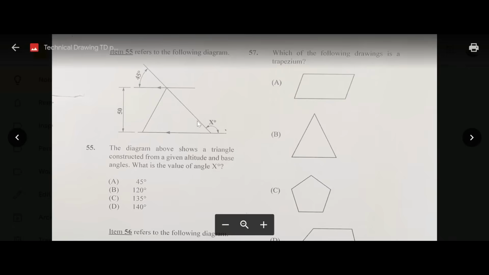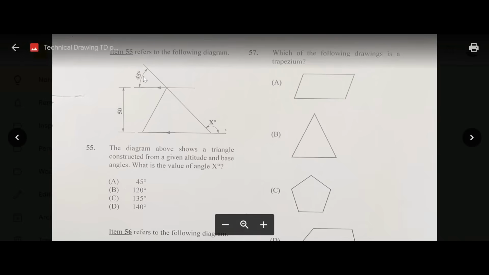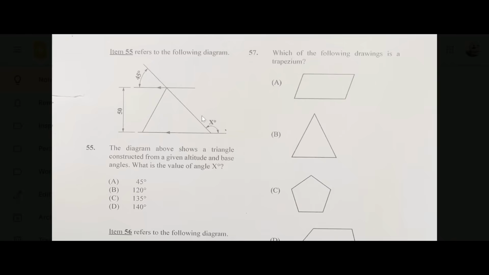So that means that this angle here is 45 degrees, just as it is up here. This entire angle is 180 degrees. So if this angle is 45 degrees, then 180 minus 45 will leave us with 135 degrees. So the answer is C.